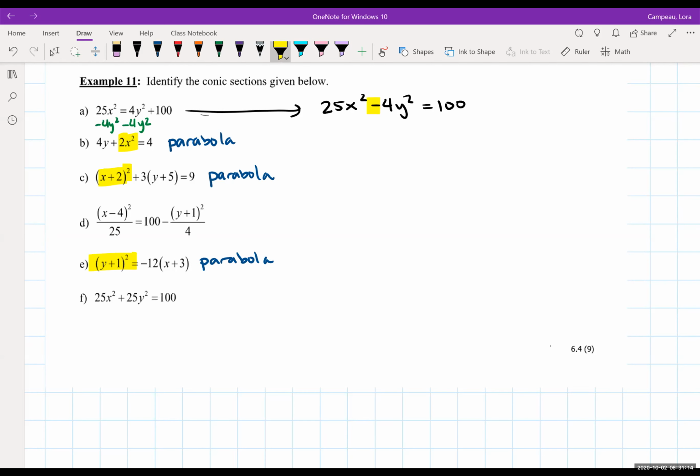I already noticed that I see a minus sign. So right when we have all the x squared and the y squared on the same side of the equation, you could automatically tell for yourself that we've got ourselves a hyperbola. If you want to take it further and just justify it for yourself, we could divide everything by 100.